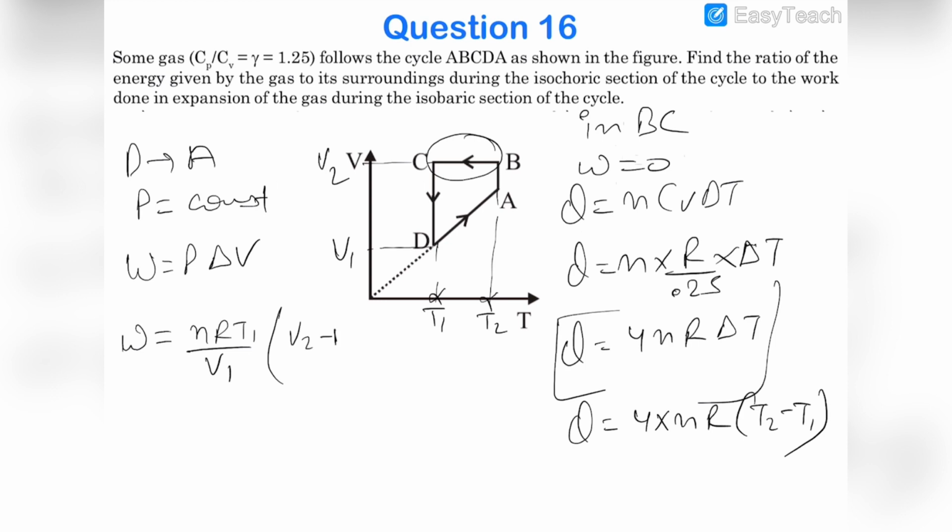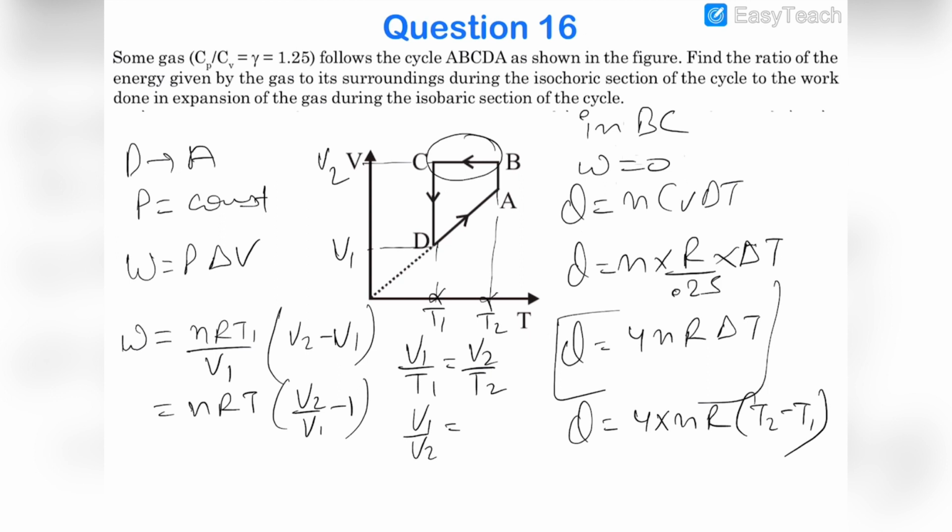V2 minus V1. So this is nR T1 into V2 by V1 minus 1, and we know that V1 by T1 is equal to V2 by T2 because it is an isobaric process. So V1 by V2 will be equal to T1 by T2 and V2 by V1 will be T2 by T1.